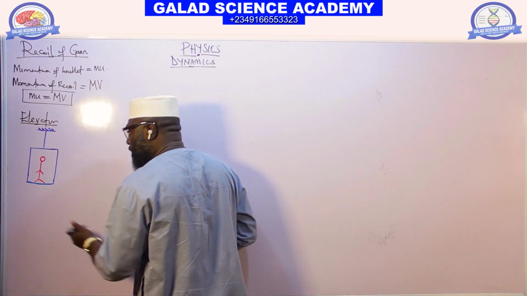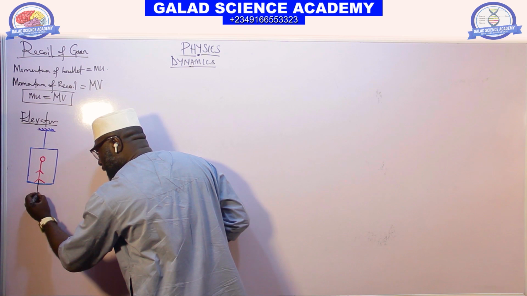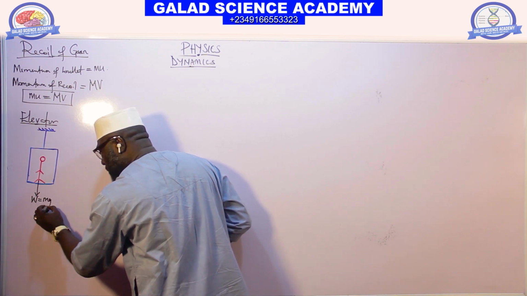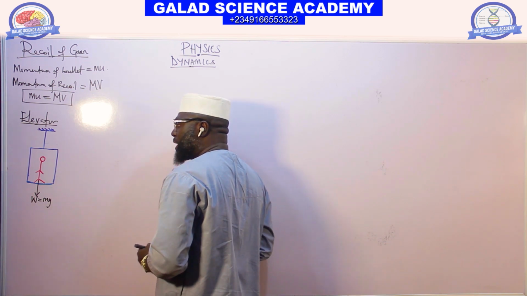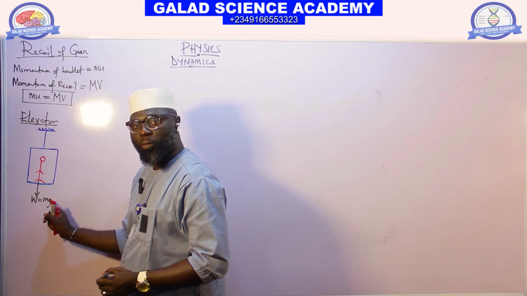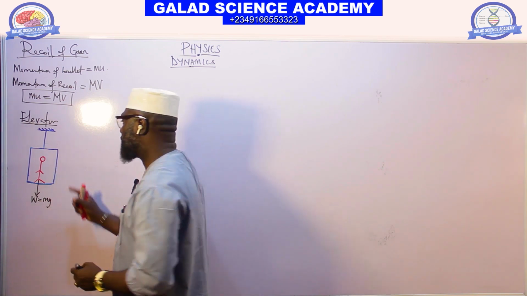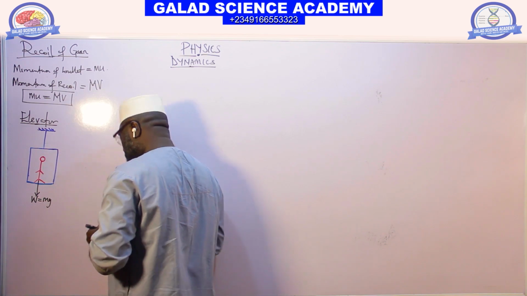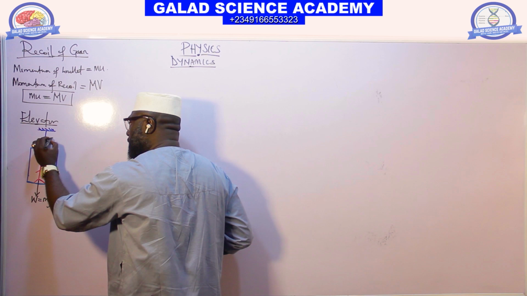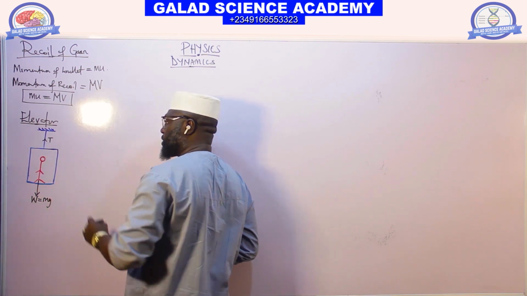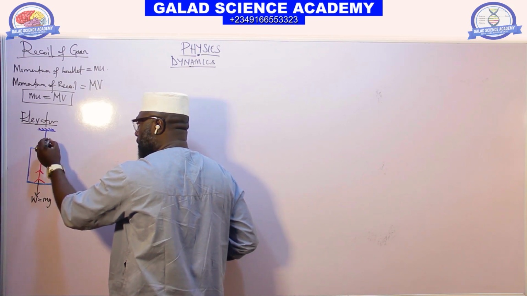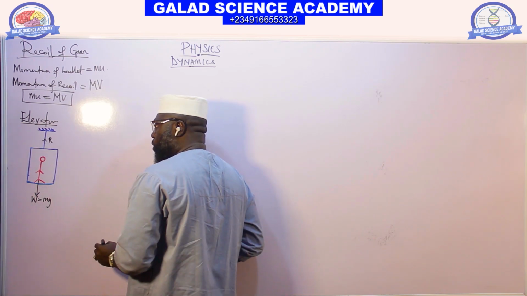The weight of the man is acting downward, which is mg. And the floor of the elevator also has its own reaction, and the reaction we can put on the string here, which is T, or let me call it R, the reaction.